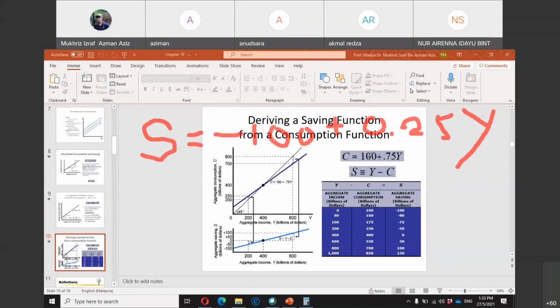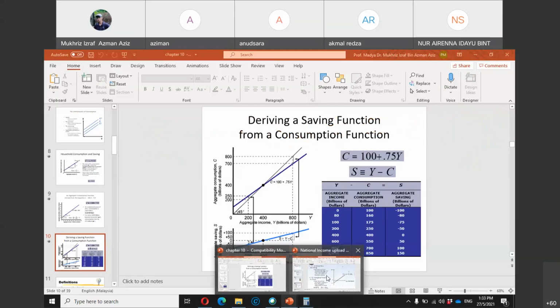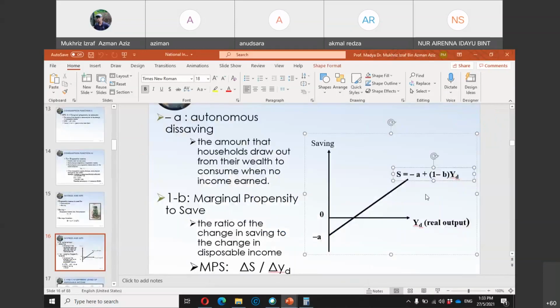This is negative A plus 1 minus B times Y. A is 100, so negative A is negative 100. B is 0.75, so 1 minus B will be 0.25Y. That is how you derive the saving function. And the intercept will always start from negative, of course, because it is negative A by definition.